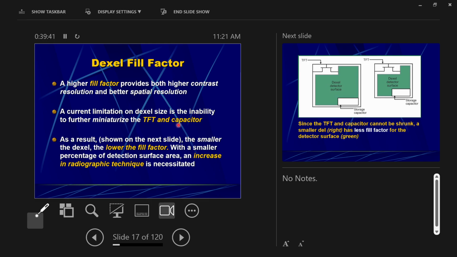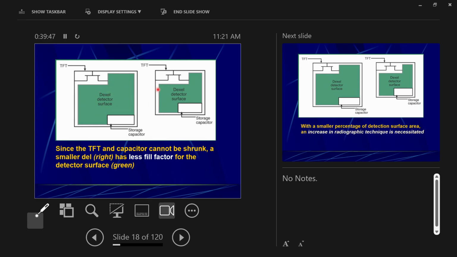They take up an amount of area that can't get smaller. So with these two Dexels, one bigger, one smaller, the smaller one might seem better, but the thin film transistor, the switch, and the battery from one to the next have not changed in size.